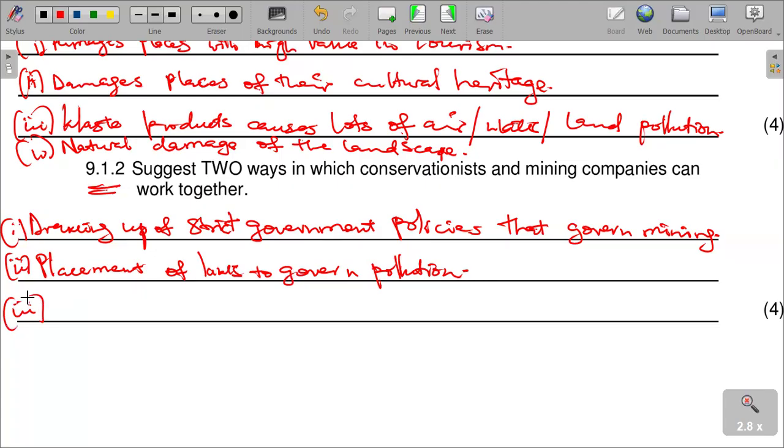We can also talk about guidelines that should be drawn up to make sure that mining activities do not damage the environment and its surrounding community. That is another procedure.